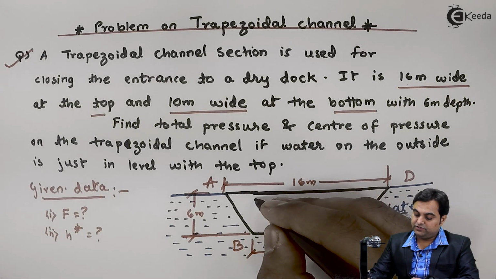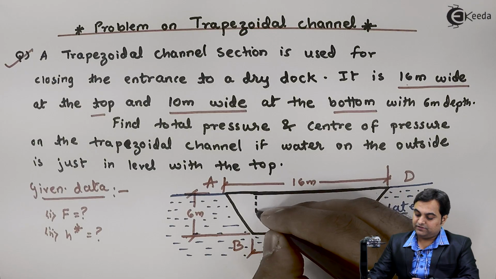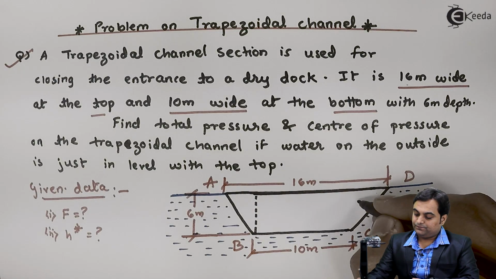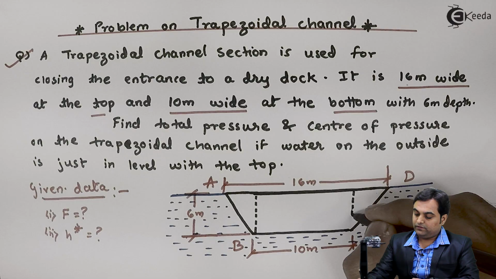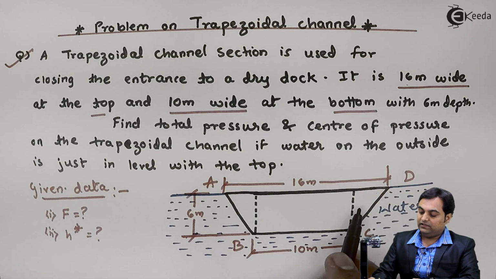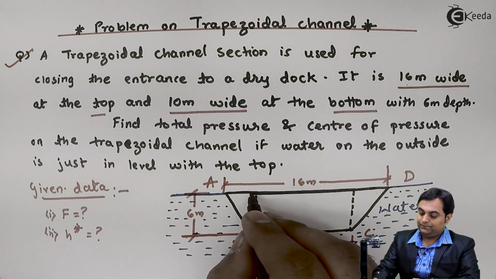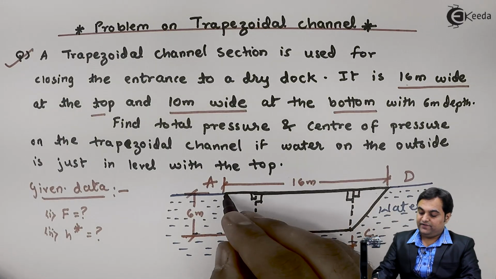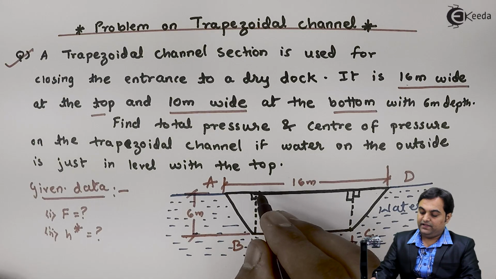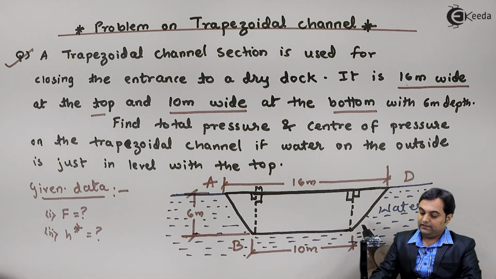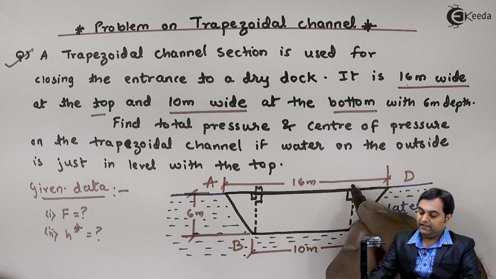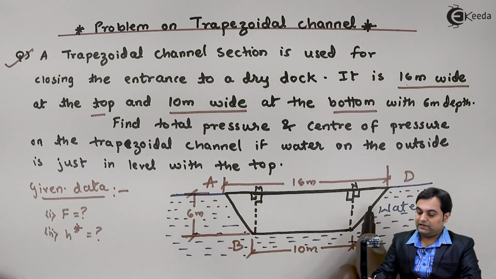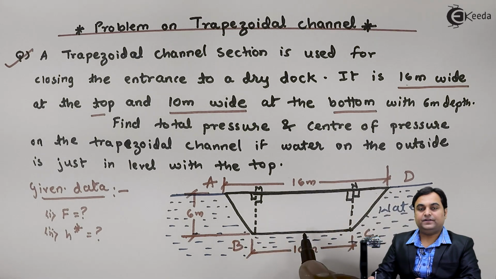So for that purpose, I will divide this trapezoidal section into two triangles and one rectangle. Here I'll call this triangle ABM, and this would be triangle CDN. So two triangles and one rectangle are there.